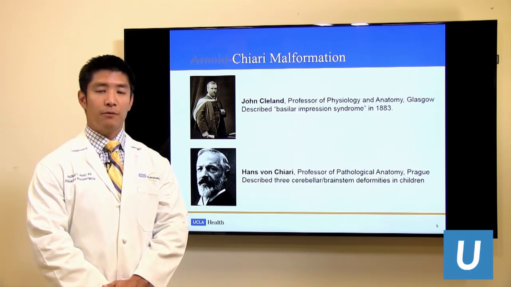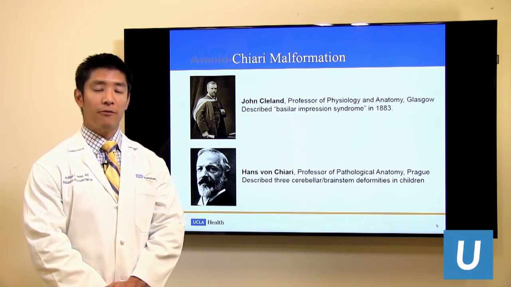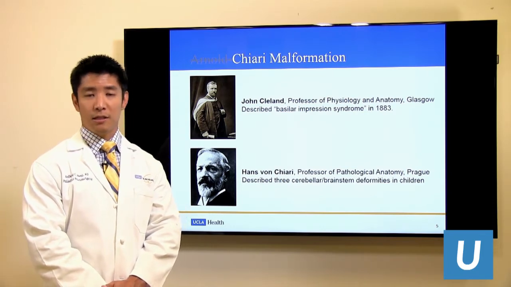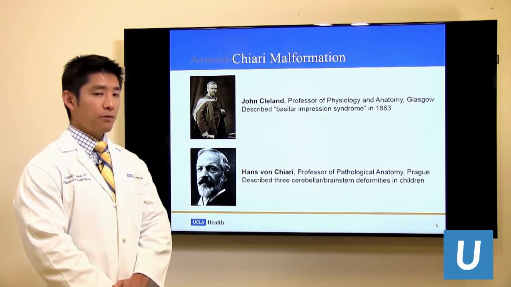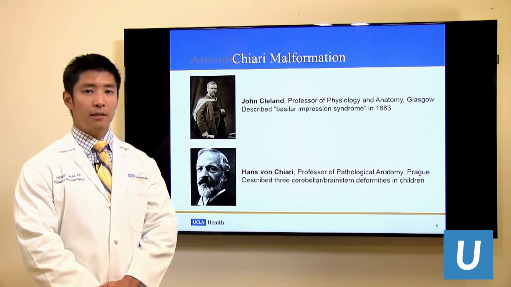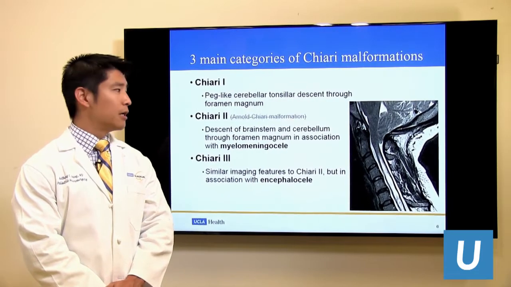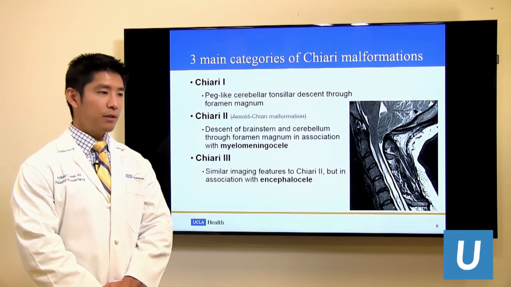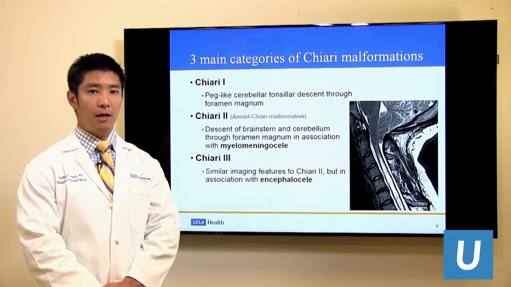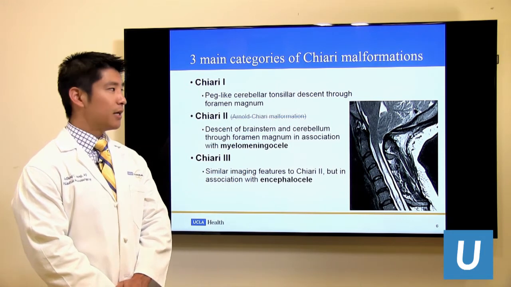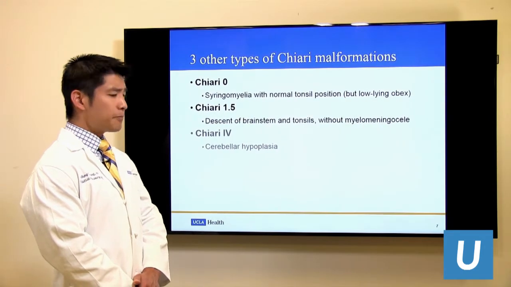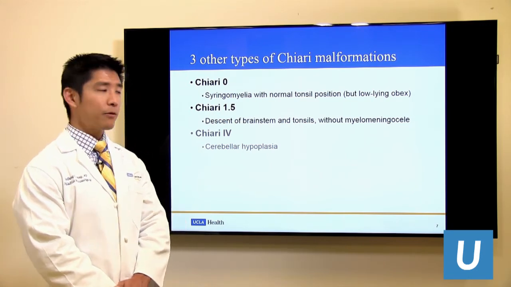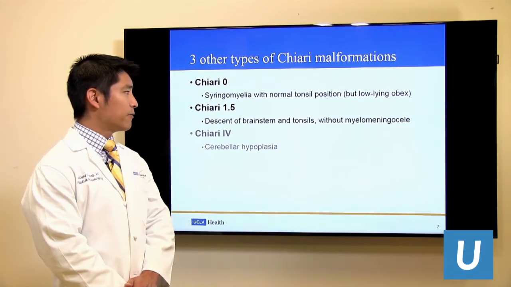They described probably what was a Chiari 2 malformation and gave it the name Arnold-Chiari malformation. Now, this name is no longer used, and the current nomenclature includes Chiari 1, Chiari 2, Chiari 3 malformations, as well as a rarer kind of variant described by the Birmingham group, Chiari 0 and Chiari 1.5s.